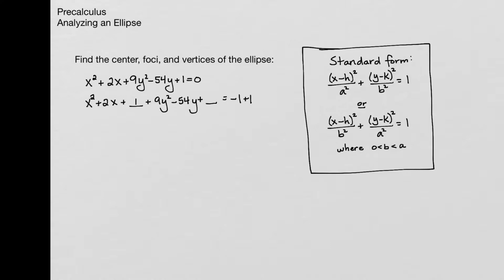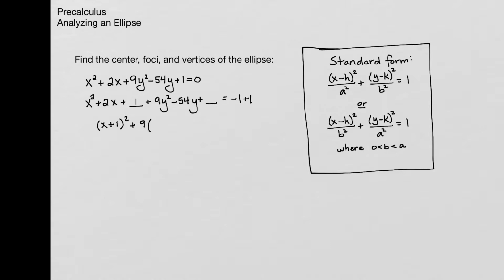Now with the y, it's a little bit more complicated because the coefficient of y squared is not 1 right now. So I'm going to rewrite this again, and as long as I'm rewriting, I'm going to go ahead and write x squared plus 2x plus 1 in factored form. So that would be x plus 1 quantity squared plus. Now I'm going to factor the 9.